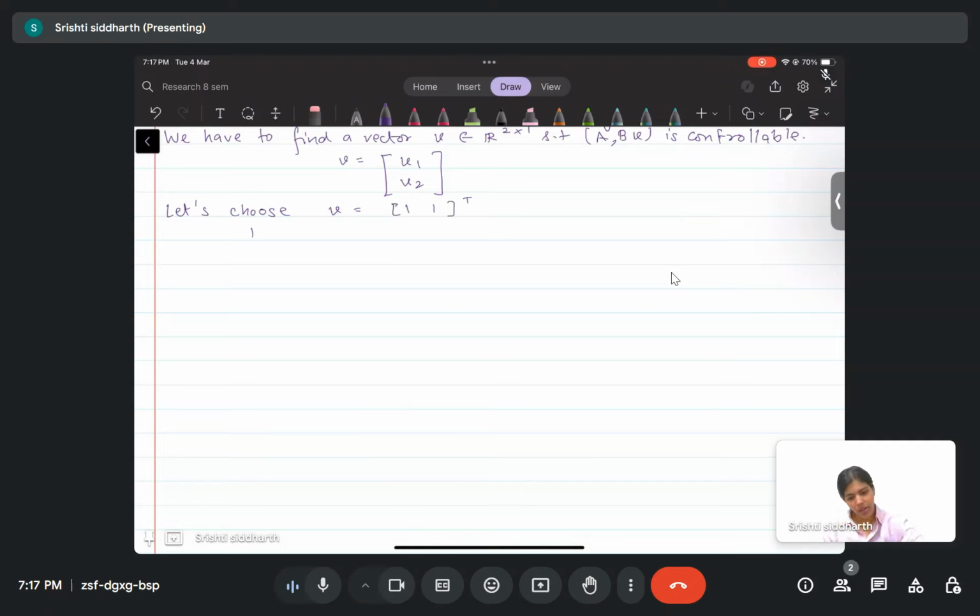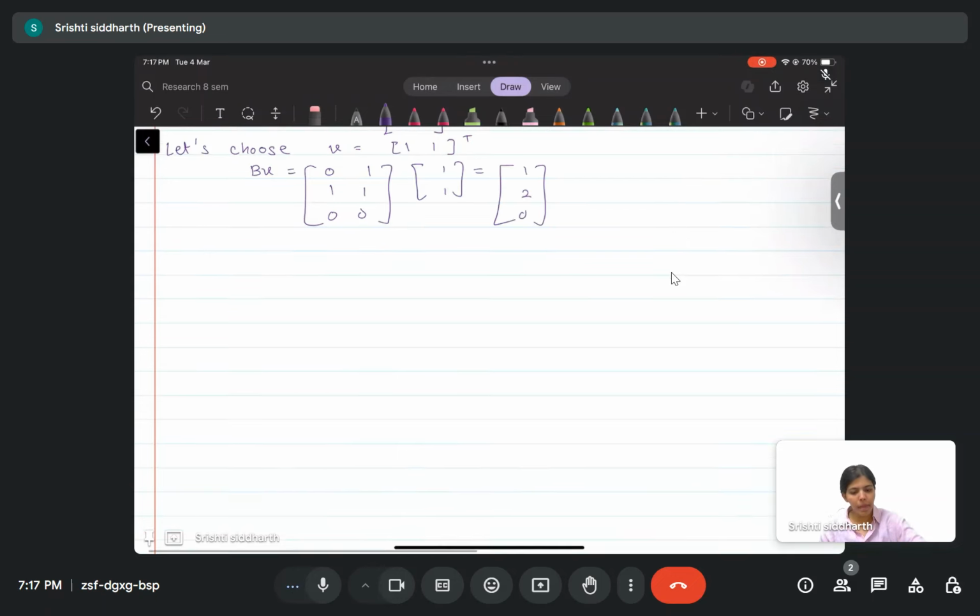So BV is therefore, we can check this. So let's see 1, 1, 1, 0, 0. Right, 2, 1, 1. This is 1, 2, 0. Alright, now we have to check the controllability of A and BV. So let's do this. C prime maybe.